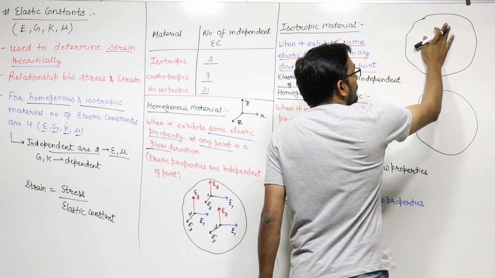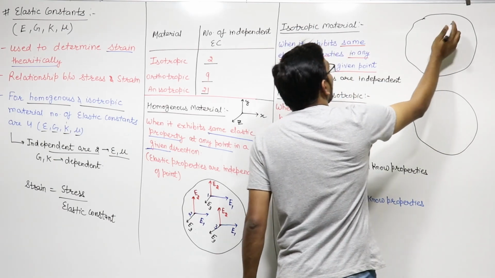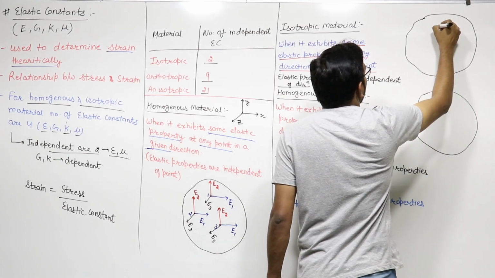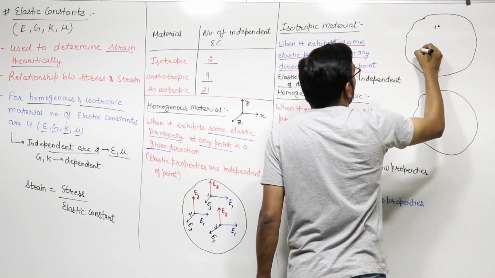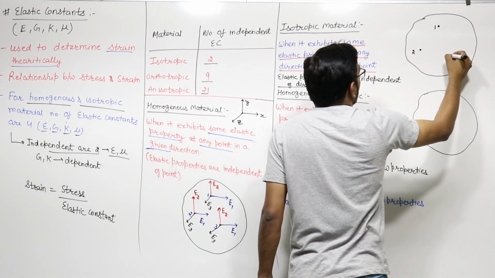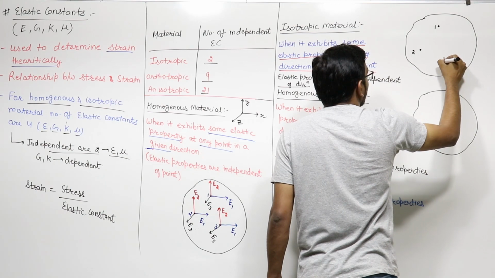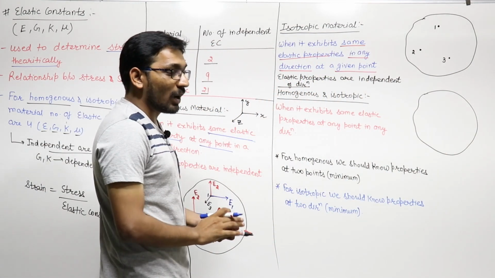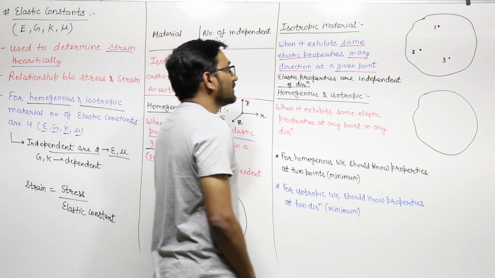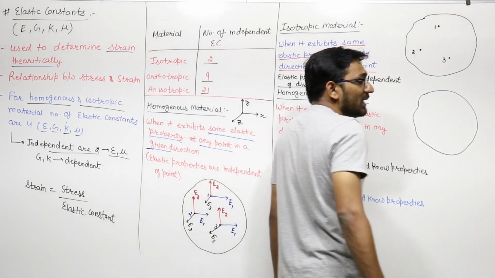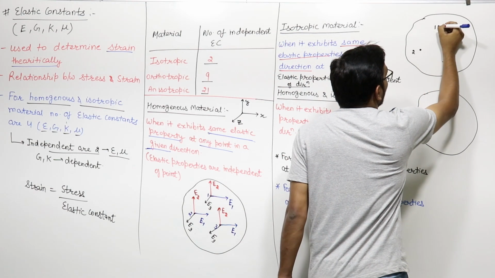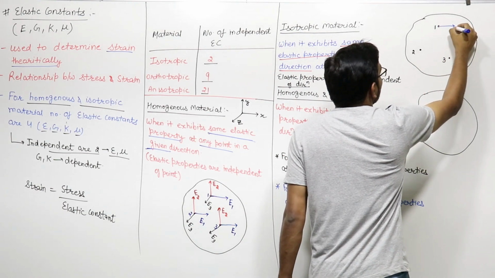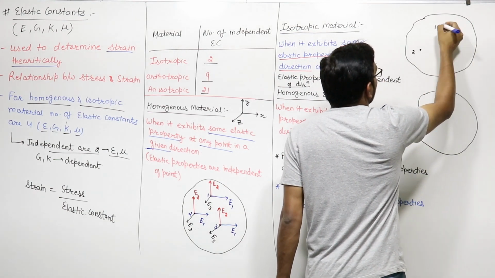Suppose this material is your isotropic material, and we are again taking 3 points. This is point 1, this is point 2, and suppose this is point 3. So if at point 1 the elastic property value will be E1, so in all the directions the value will be same, that is E1.